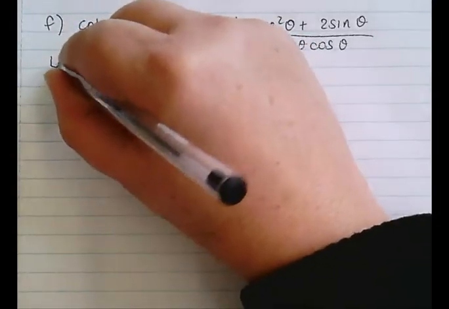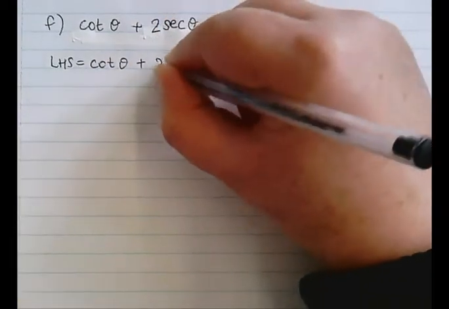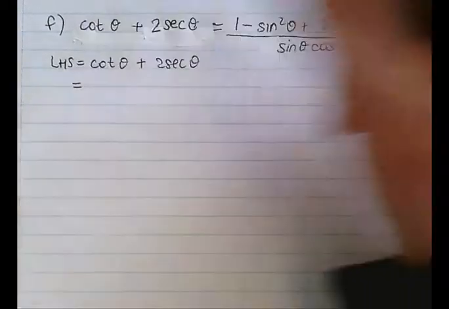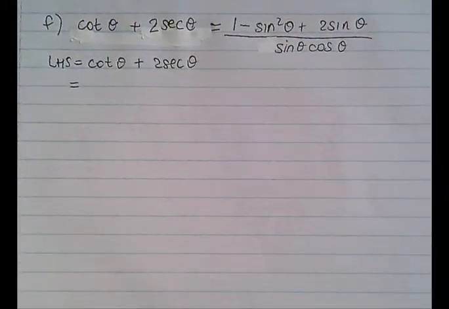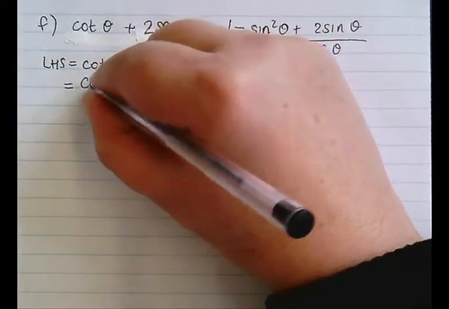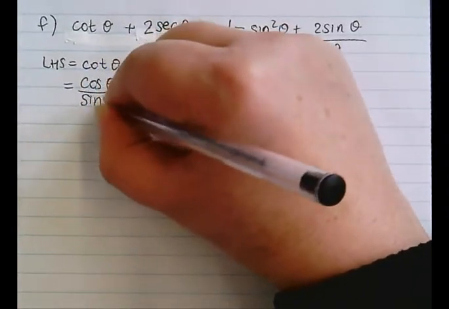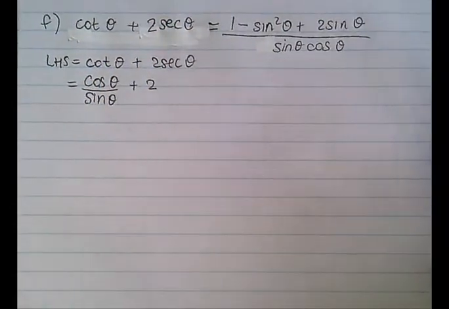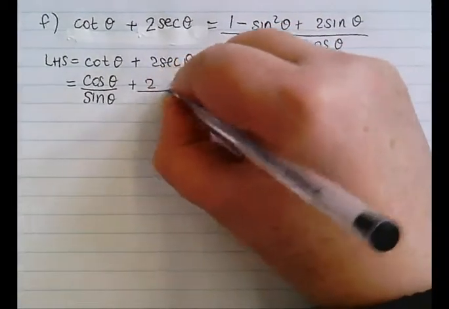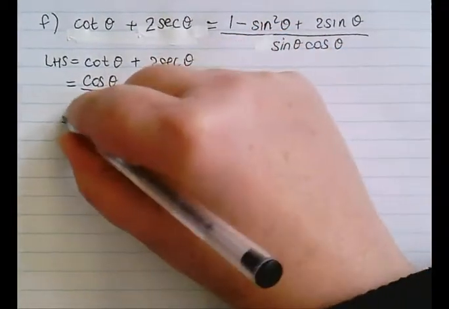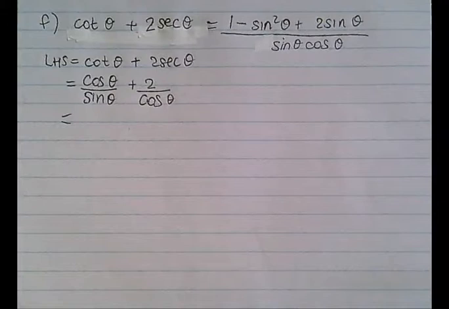So the left-hand side is cot theta plus 2 sec theta. All right, what do we do? What's cot? Guys, look at the answer. There's all sines and coses. So let's fix up cot. Don't write it as 1 on tan, because your answer's got all sines and coses. You write it as cos over sine plus 2. Sec is 1 on cos, so it's 2 over cos theta. So what do you think? Oh, we're nearly done. This is easy.